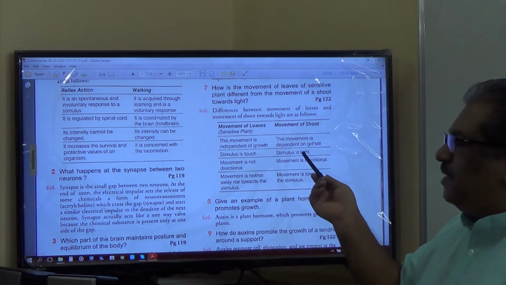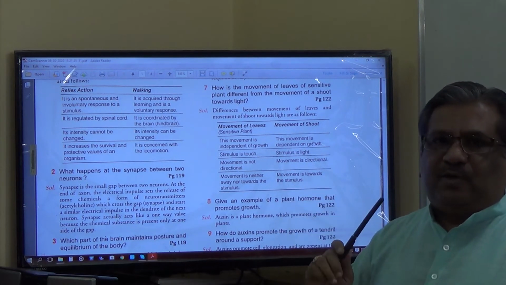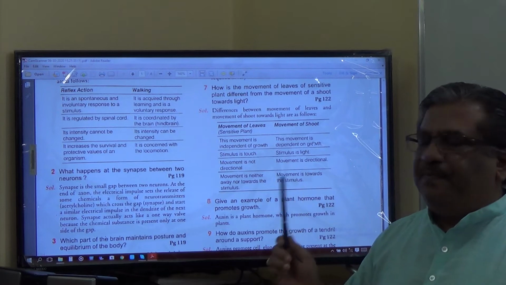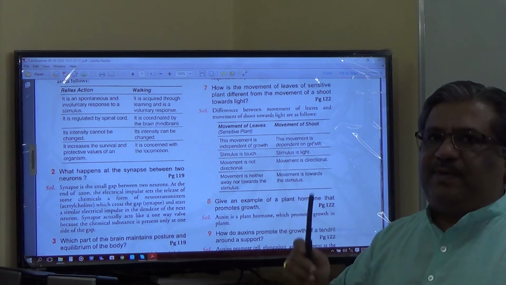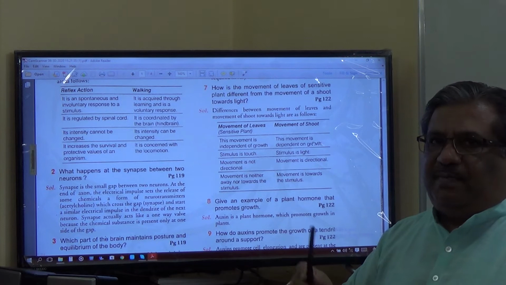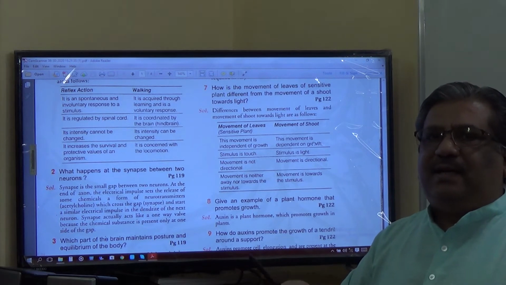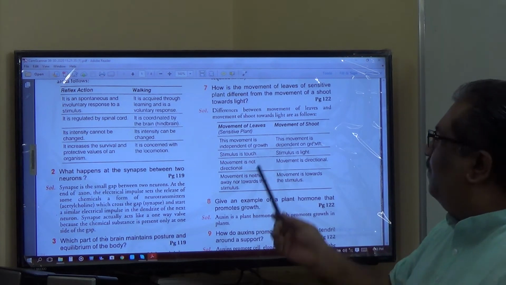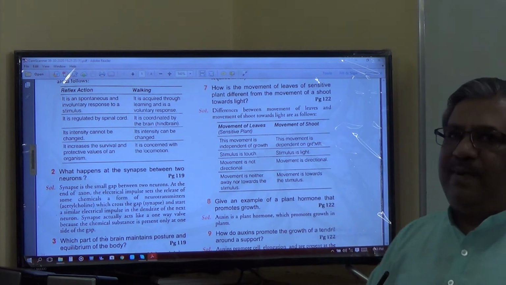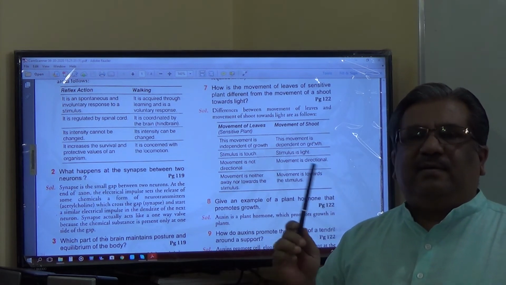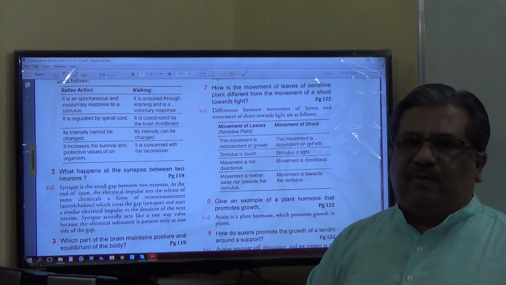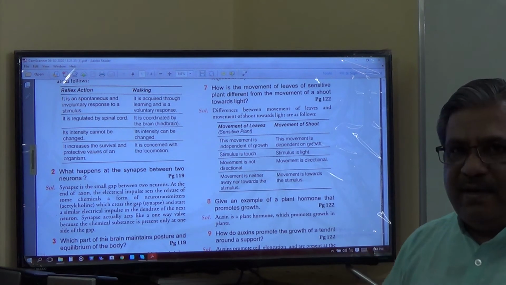Here, information is transmitted by hormones. That is one important difference also. Here, the information of touch is transmitted to different cells of the plant by electrical as well as chemical means, electrochemical means. Whereas here, the information is transmitted by means of hormones, which are phytohormones. I hope this is very clear for you.